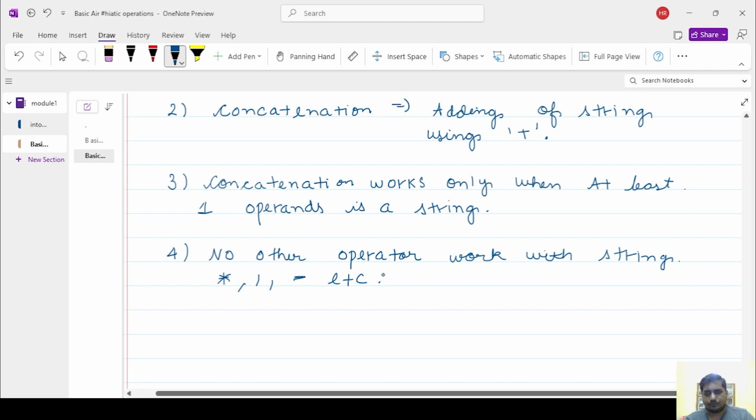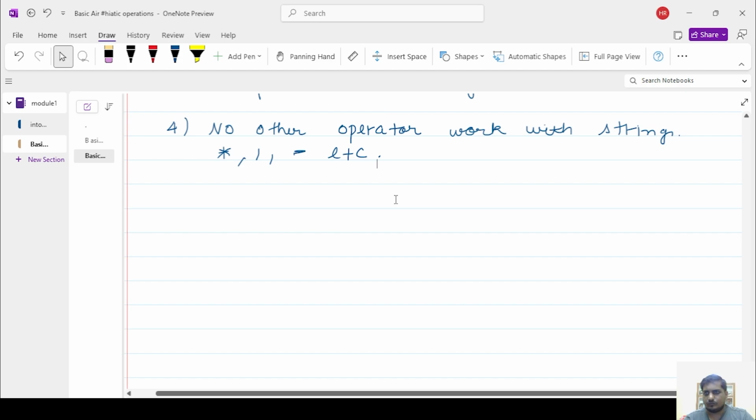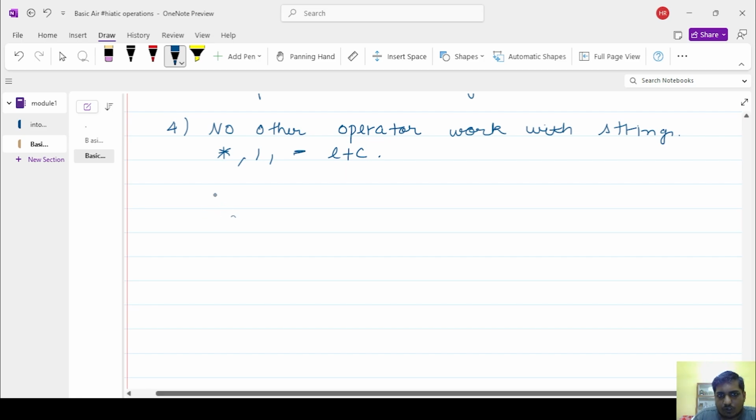Okay, now if we talk about the character, the character comes in the picture with a single quote.